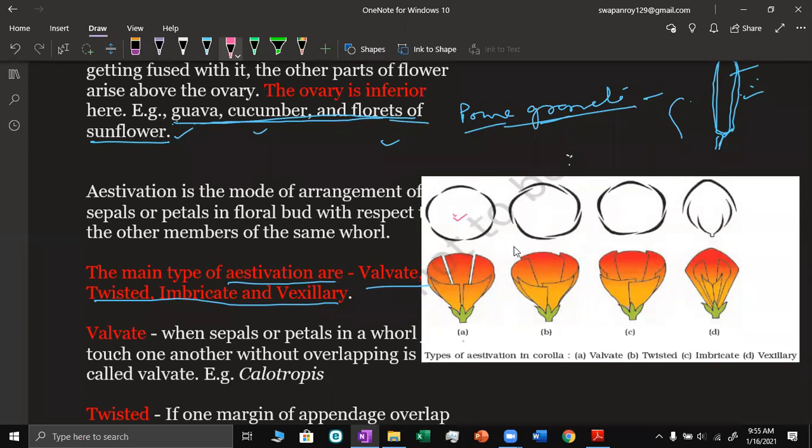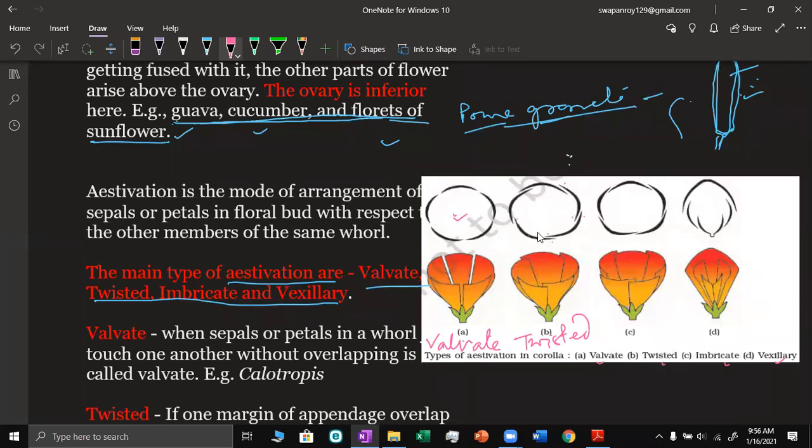Here in number two, this is twisted. Valvate, twisted, imbricate, and vexillary are written here. In the twisted type, in each of the petals, one margin is exposed and one margin is covered, one exposed, one covered.